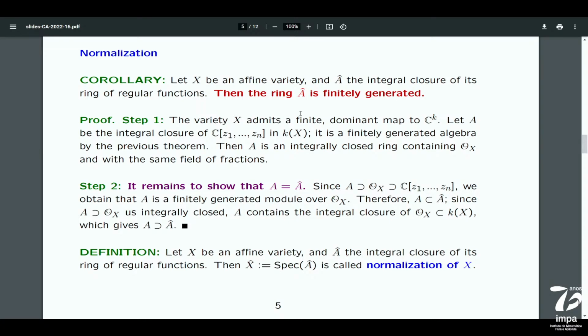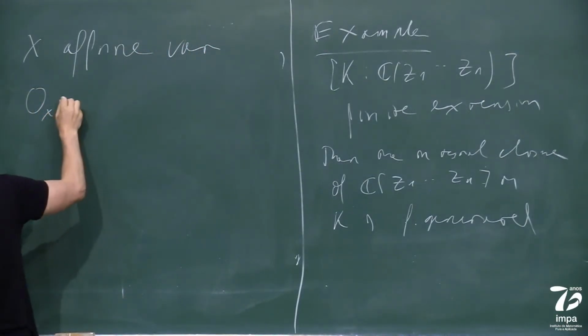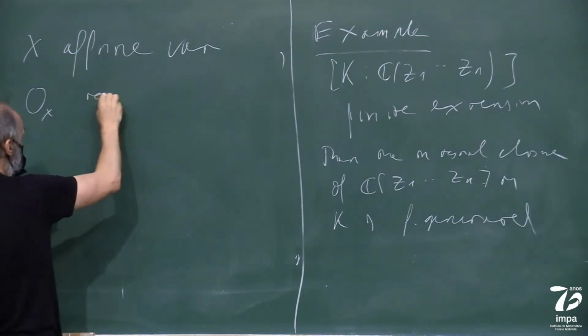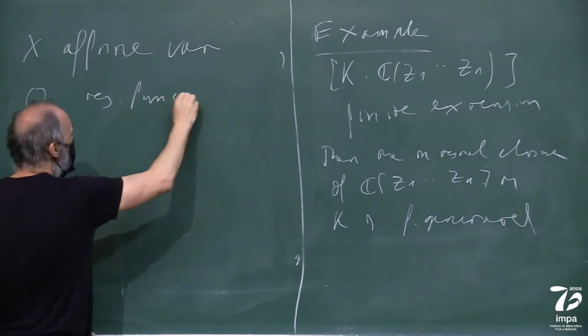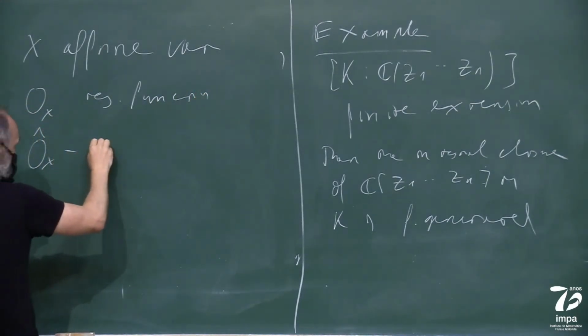Okay, so now I'm going to define normalization. The idea is easy. You have a ring of functions, regular functions on an algebraic variety. So X is an affine variety, O_X is the ring of regular functions, and O_X hat is its integral closure.